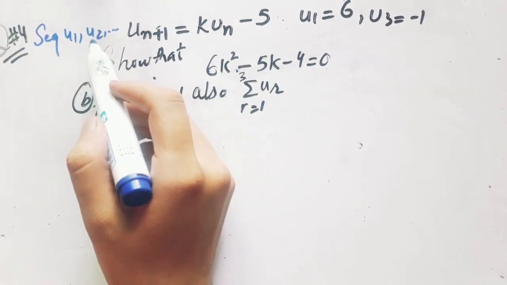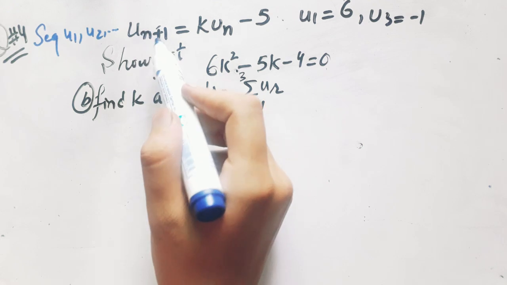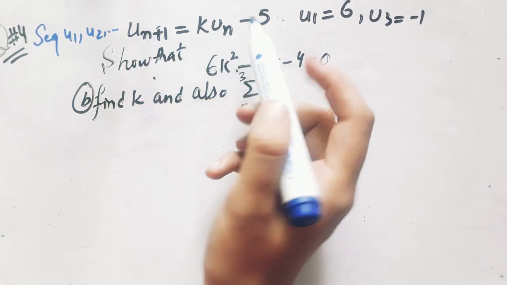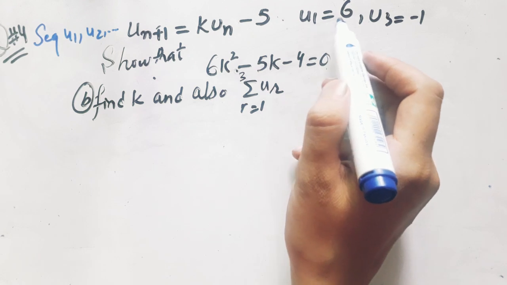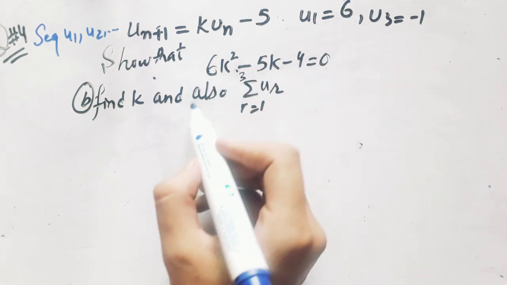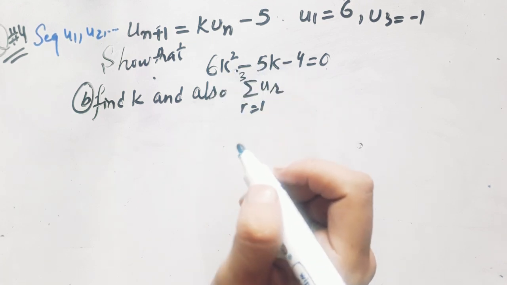Now a sequence u1, u2 is given and defined as u of n plus 1 is equal to k u of n minus 5, and the u1 value is given as 6 and the u3 value is given as minus 1. You have to show that 6k square minus 5k minus 4 is equal to 0.